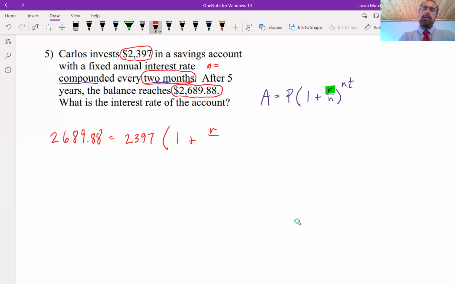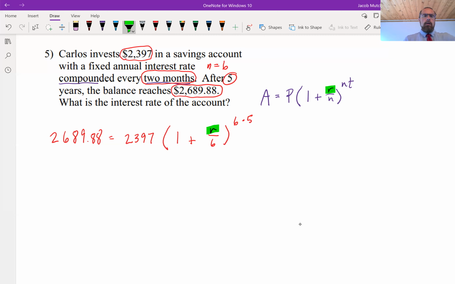So my n value is 6, to the power of 6. Again, you repeat the n value in the exponent times the time. I'm looking for a year amount, and that's given here as 5 years. So that's the setup. Just to emphasize, I'm looking for the interest rate.